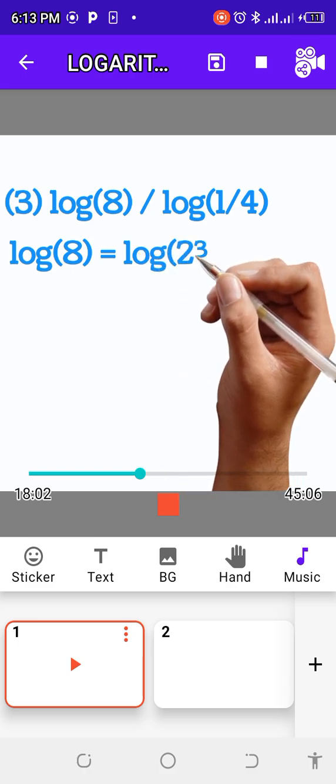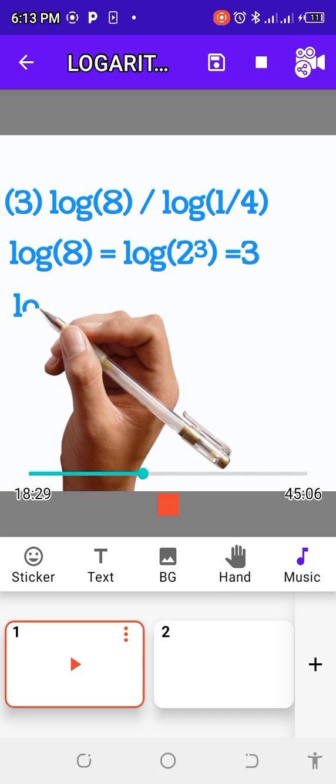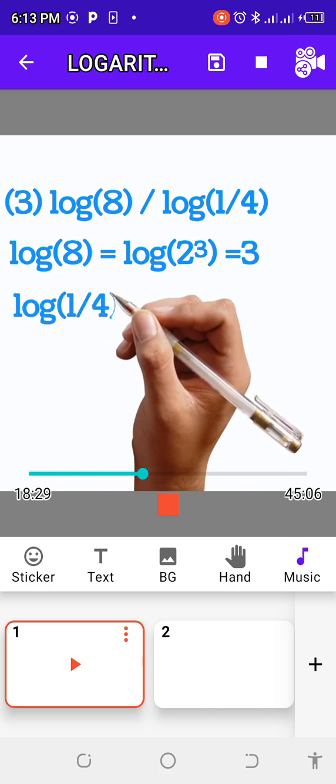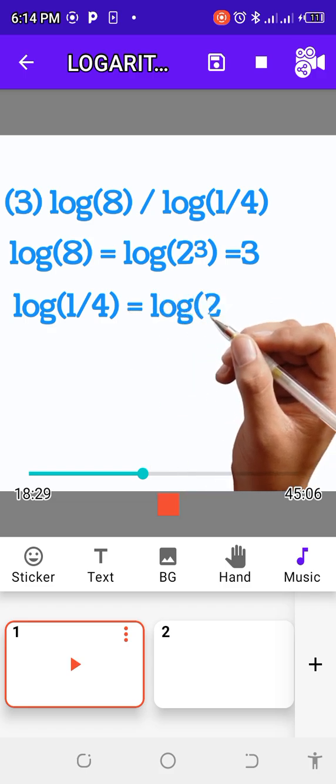Log 8 is equal to log 2 raised to power 3, which is equal to what? 3. And log 1 over 4 is the same thing as log 2 raised to power minus 2 base 2.